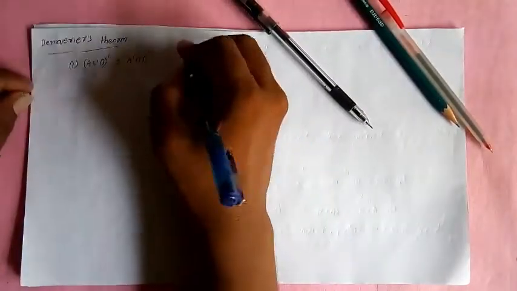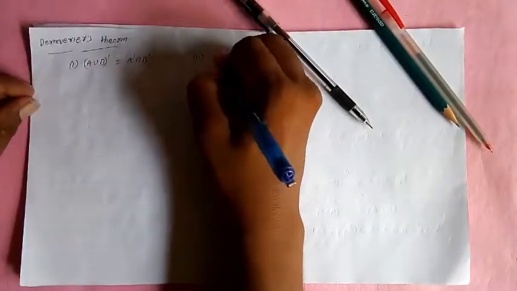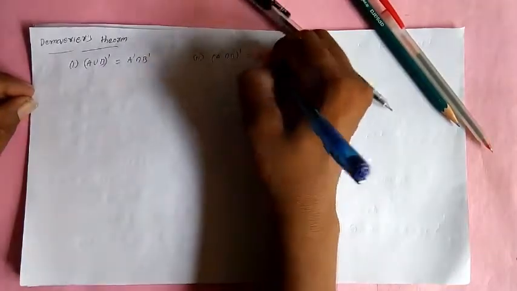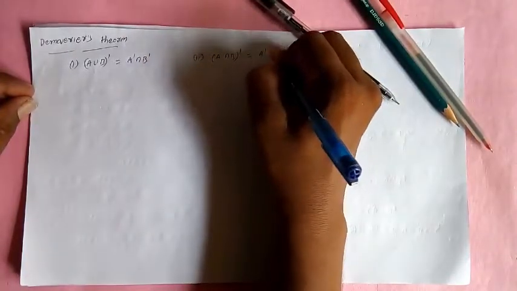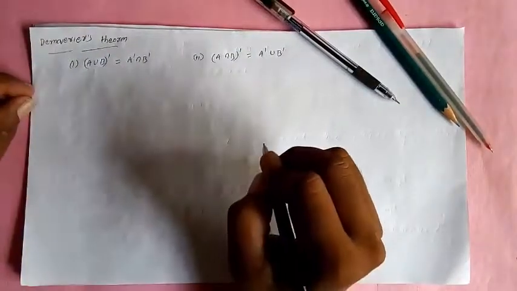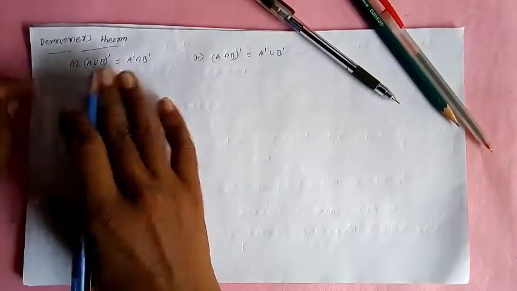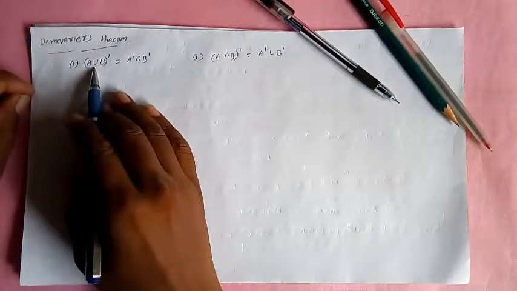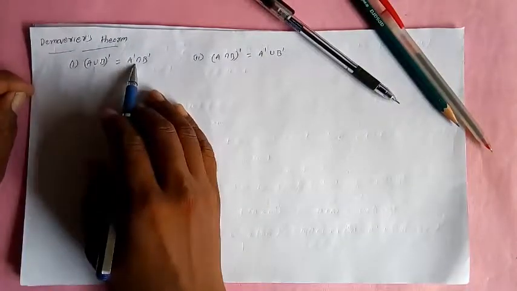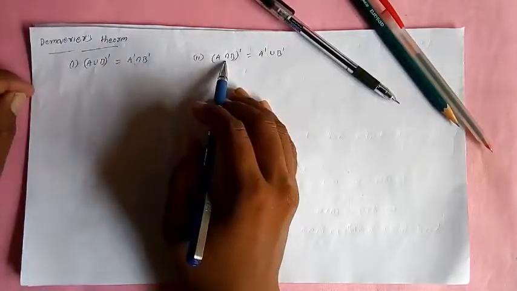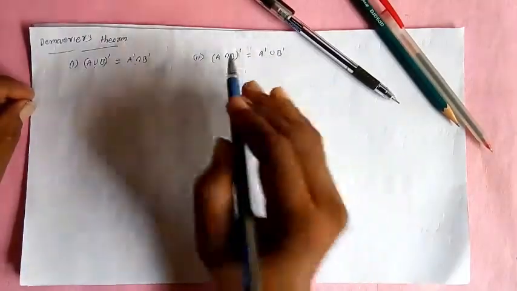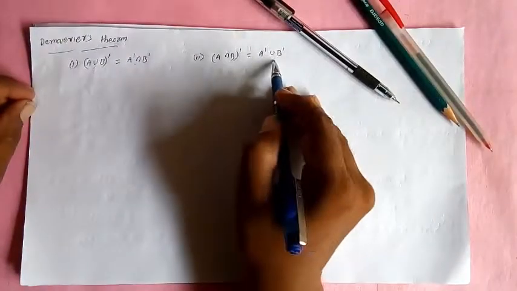And there is another formula, the second one: A intersection B whole dash is equal to A dash union B dash. Similarly, if we have union here, we get intersection, and if we have intersection, then we get union.